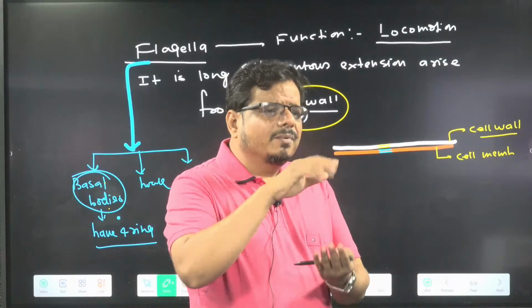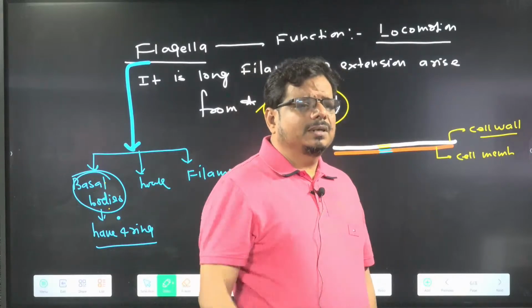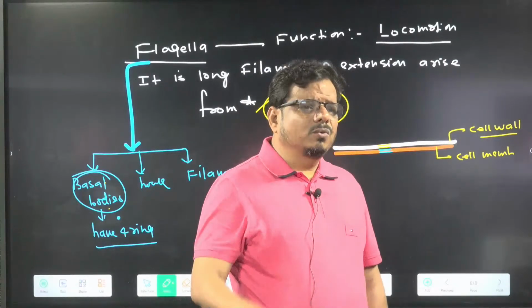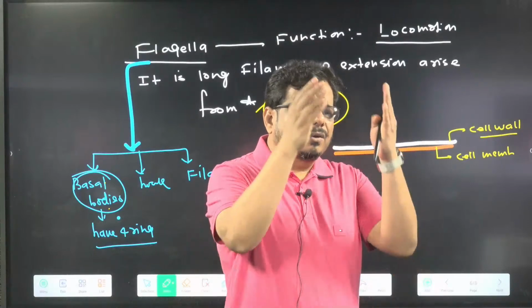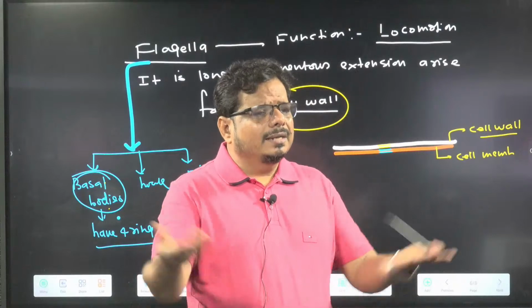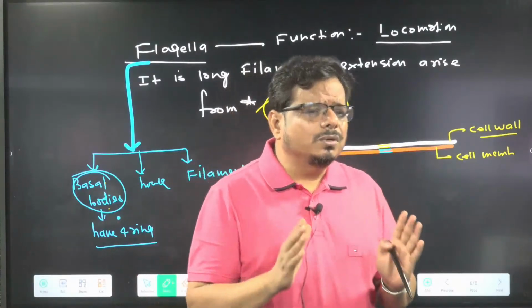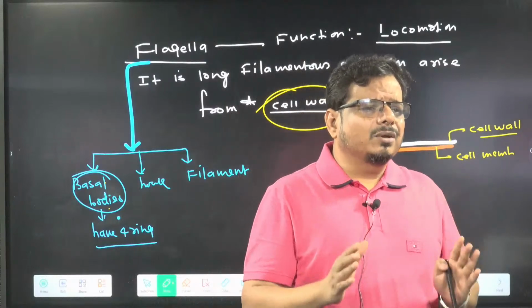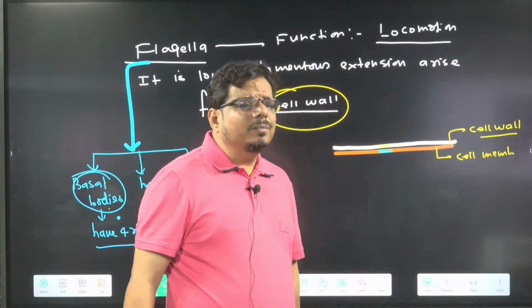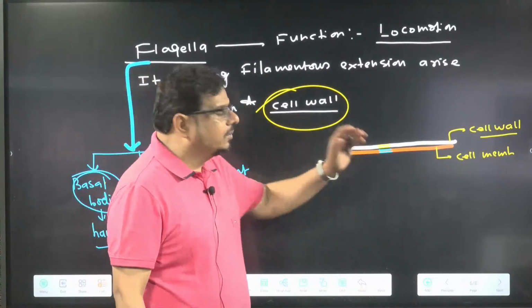NCERT is at least a government book, so you can claim that you have prescribed this book to read. If it is wrong, what can I do? I am a student, I answered it. So in any controversy, follow the NCERT, even though it is wrong. But it is our moral responsibility to say where what is wrong.